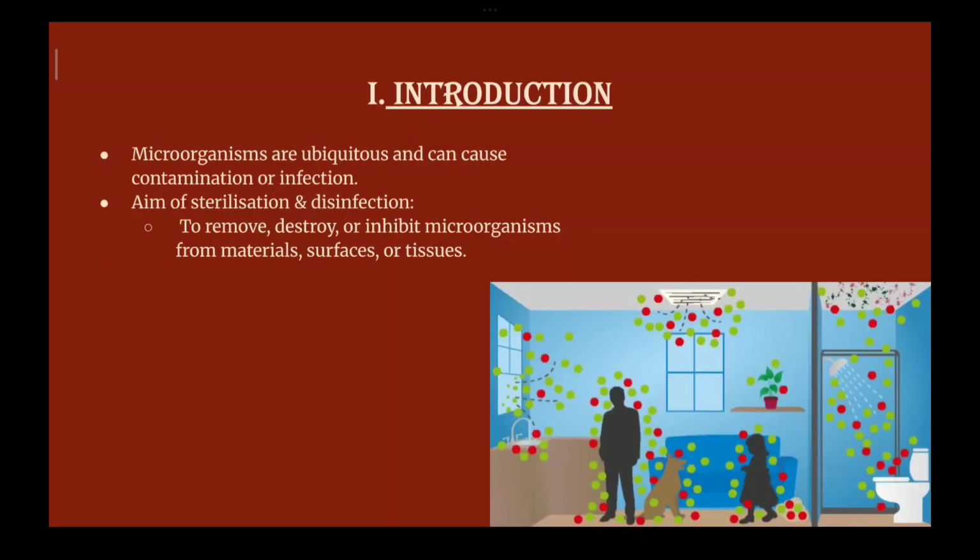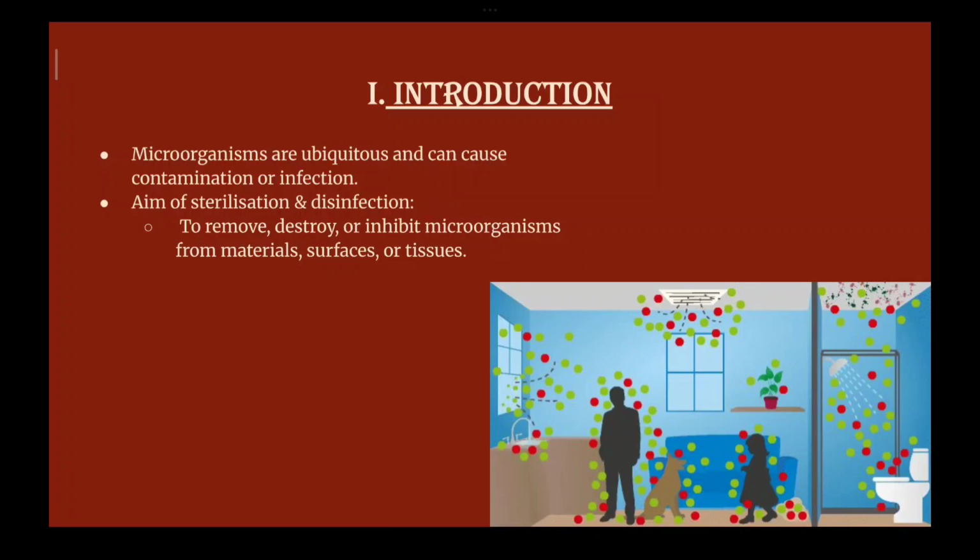So, the introductory part: microorganisms are ubiquitous and can cause contamination or infection. The aim of sterilization and disinfection is to remove, destroy, or inhibit the microorganisms from materials, surfaces, or tissues. Microorganisms are found everywhere.